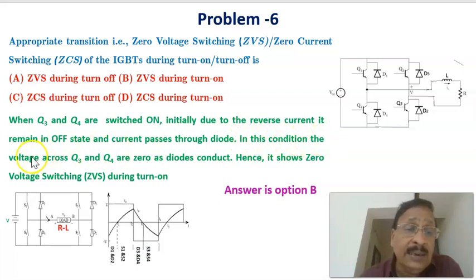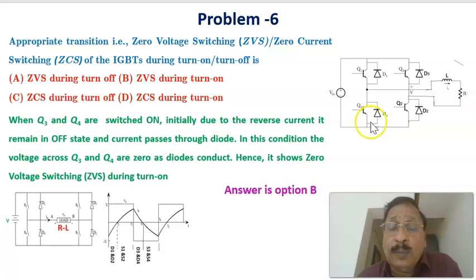In this condition, the voltage across Q3 and Q4 is zero as the diodes conduct. Since D3 and D4 are conducting, the voltage across the switch becomes zero. That is why zero voltage switching is possible because of this diode.